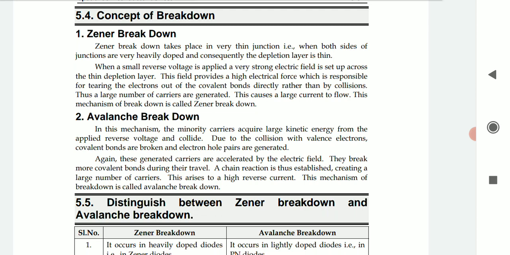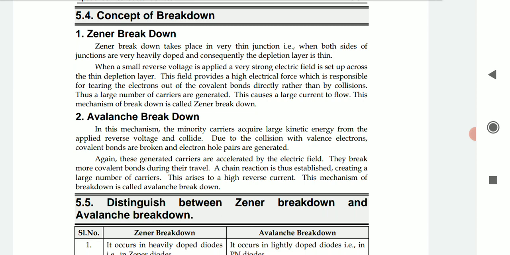Therefore, at such a voltage, after reaching this voltage, suddenly maximum current will flow by breaking the junction. This phenomenon is called Zener breakdown. The voltage at which the maximum current flows through the junction is nothing but the Zener voltage or breakdown voltage.